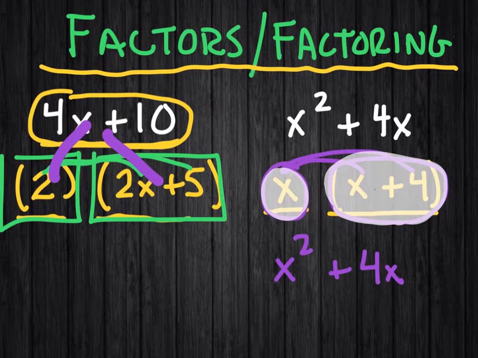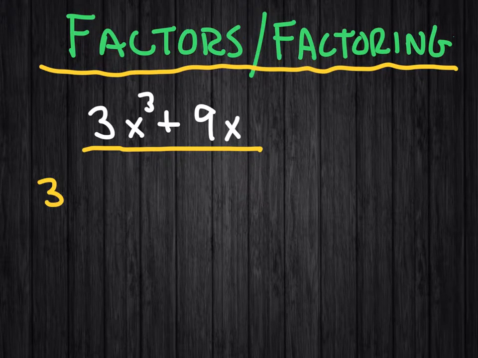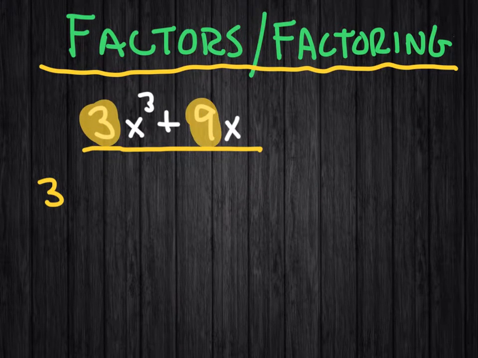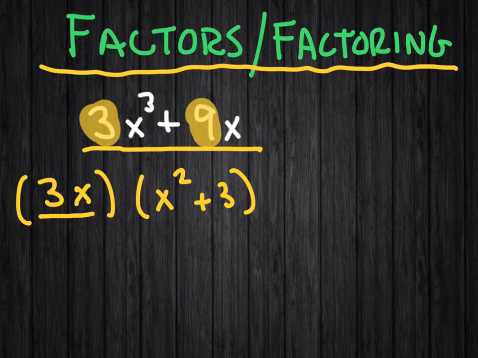Let's look at just one more of these. All right, so let's take a look. What could we break this into by dividing something out? Oh, I could divide a 3 out because I see kind of an ability to use a 3 here and a 3 here. And I could divide out also an x because I see at least one x in the two groups. So there's one factor. Now when I divide 3x into that binomial, the 3 divided by 3 cancels, 3x cubed divided by x leaves me with x squared. 9 divided by 3 is 3, and x divided by x is just itself.